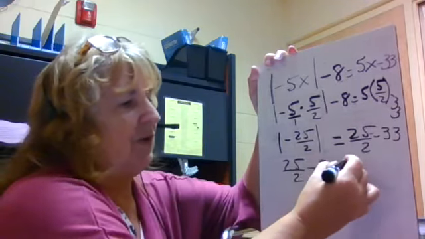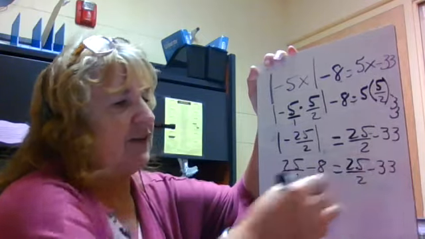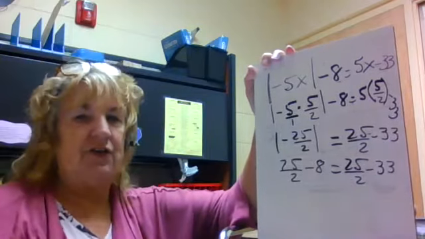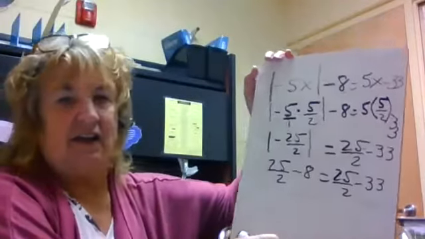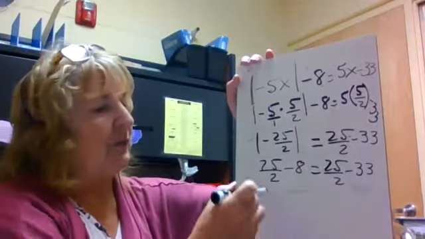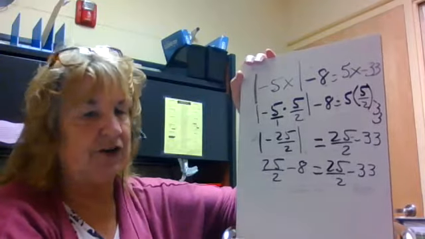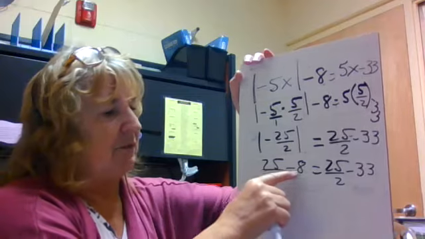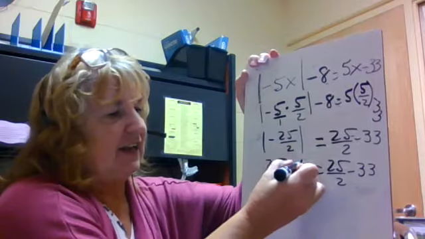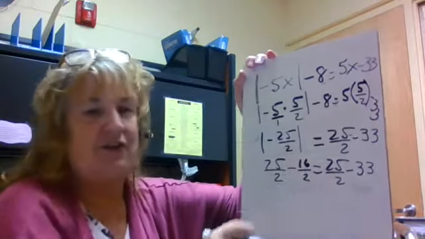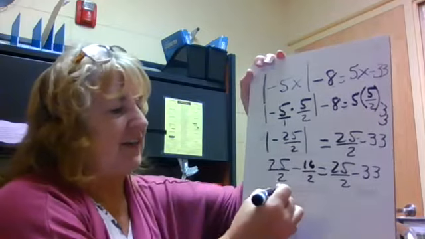So this is where we are right now. Now, again, some of you are going to figure this out right away. But in case you don't, we're just going to simplify both sides. Remember what I told you a few minutes ago? If you're combining two terms, and one of them is a fraction, just take this number here and multiply it by that. So 2 times 8 is 16. And now it has a 2 on the bottom. Well, 25 minus 16 is 9.